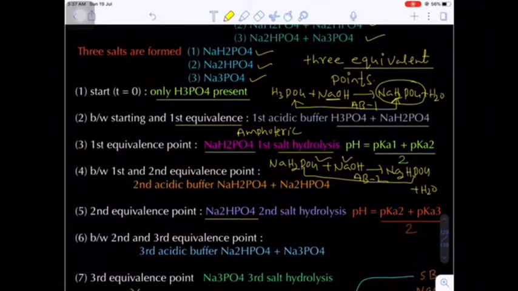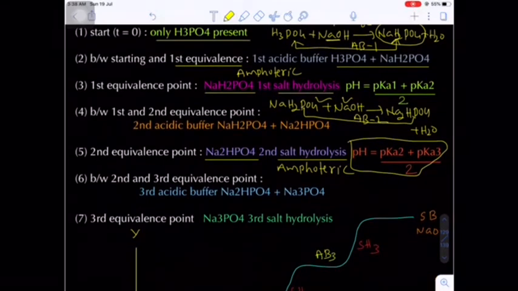Okay, at the second equivalent point what happens? NaOH and NaH2PO4 are completely consumed, and you will have the second salt, that is disodium hydrogen phosphate. It will also undergo anionic hydrolysis. Here this is also an amphoteric species, so we know how to calculate the pH of amphoteric species. Again pH is equal to (pKa2 plus pKa3) divided by 2.